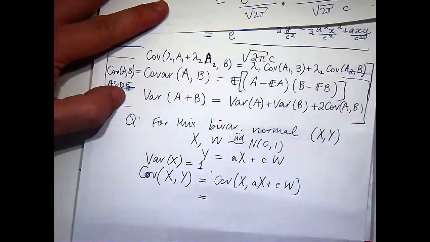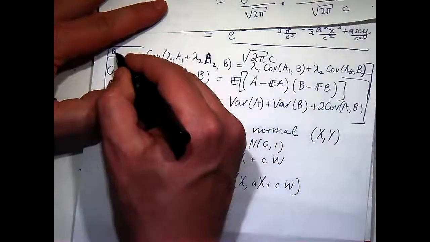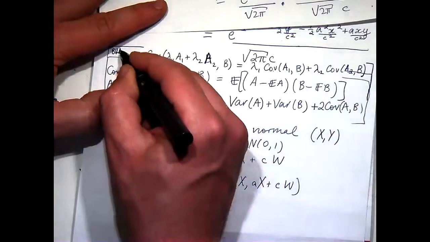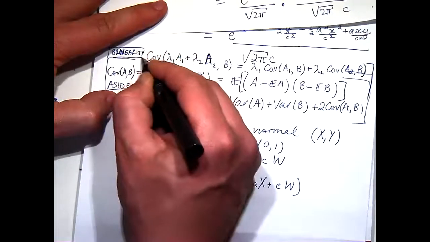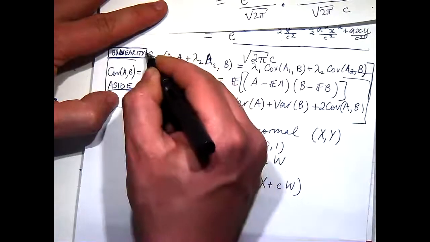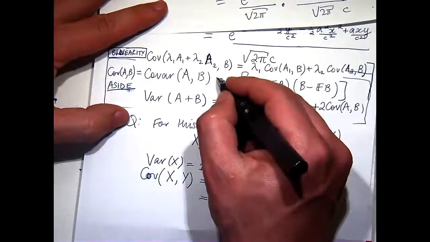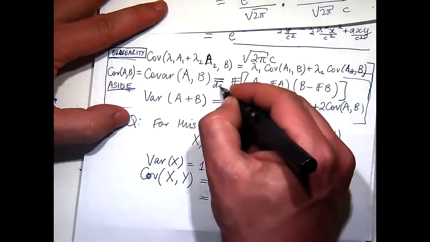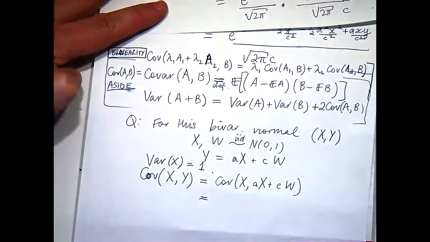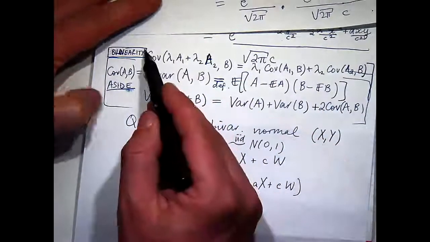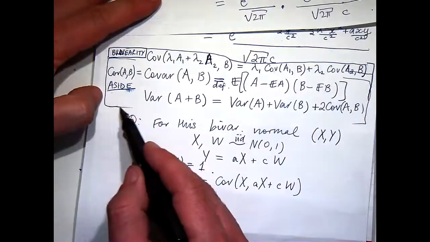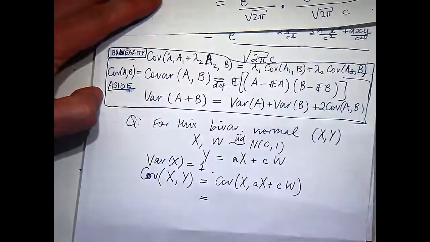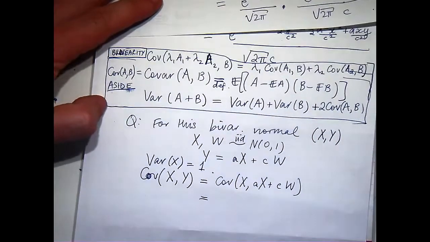That's what bilinearity means. The bilinearity of covariance is quite important. Now, I did bilinearity in the first variable, but of course, covariance AB is the same as covariance BA, so it's also bilinear in the second variable.